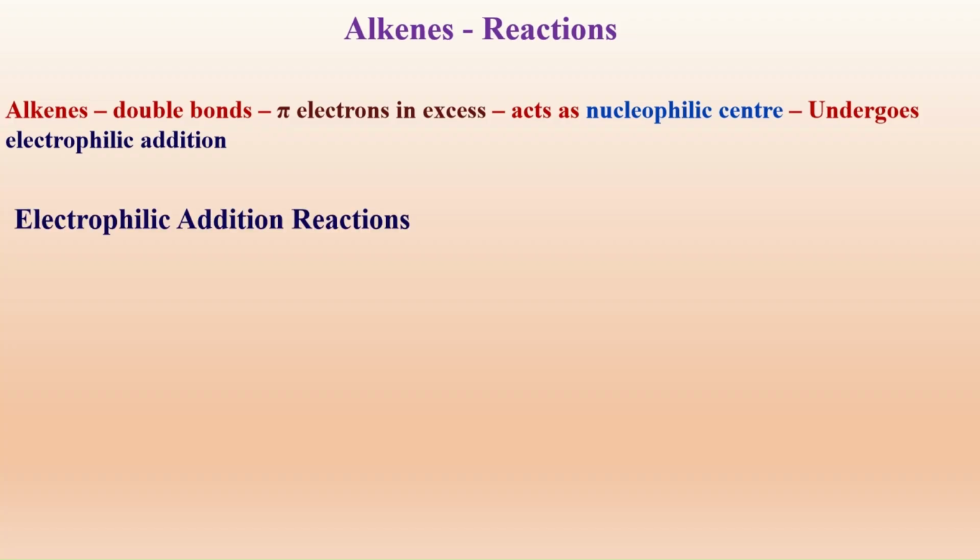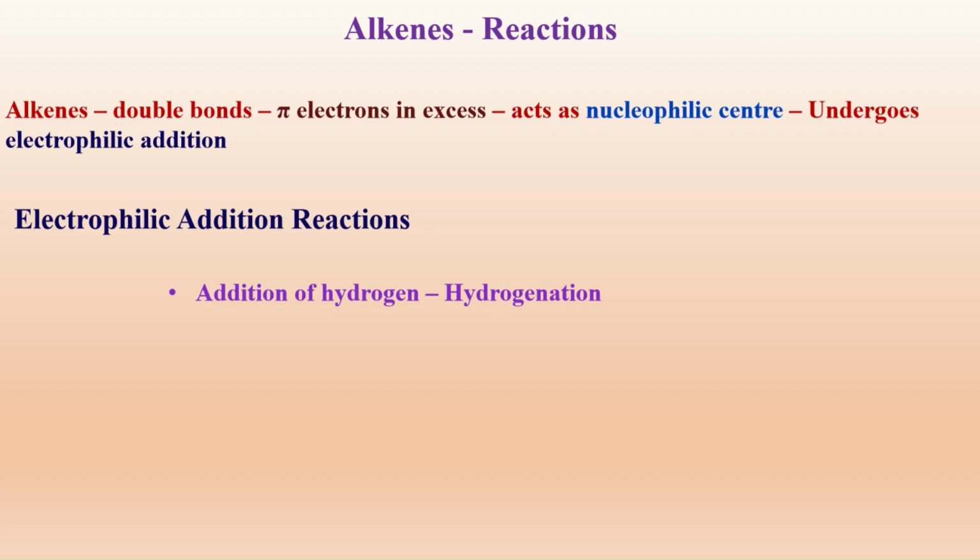Many electrophiles can add onto this pi excessive system, that is alkenes. Hydrogen can get added across the carbon-carbon double bond. When hydrogen gets added, the pi electrons are shared with the hydrogen and it gives rise to alkane.